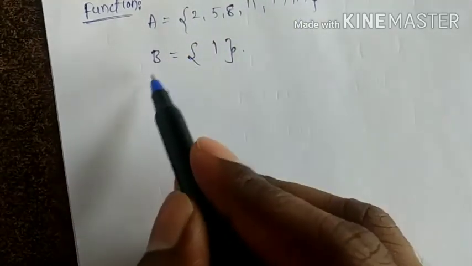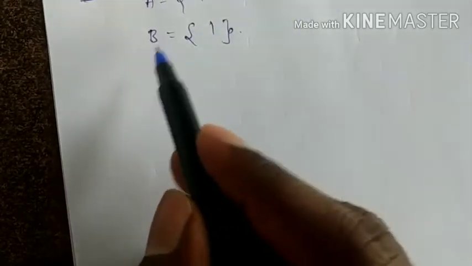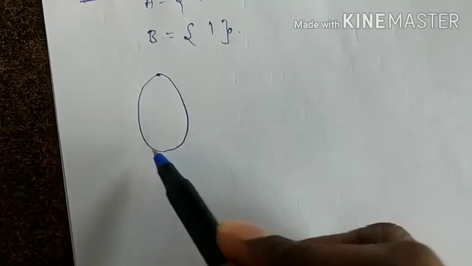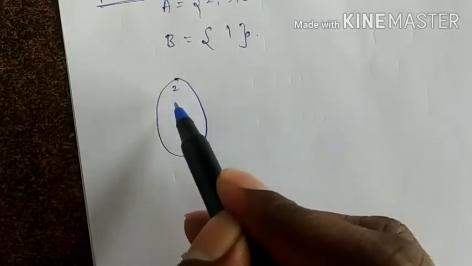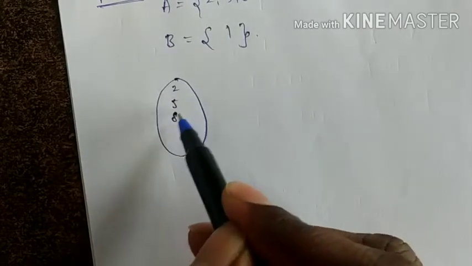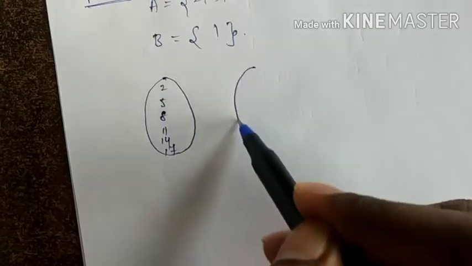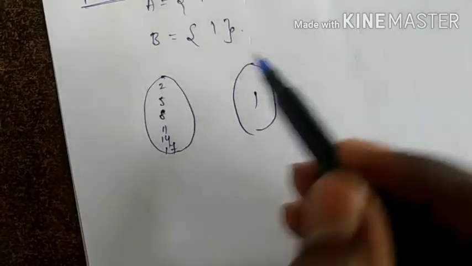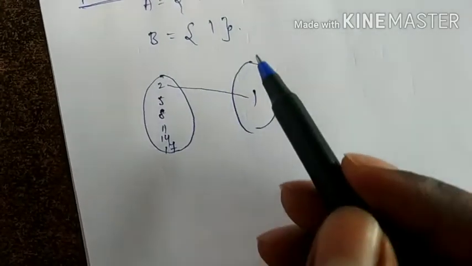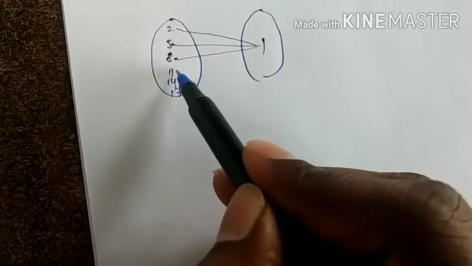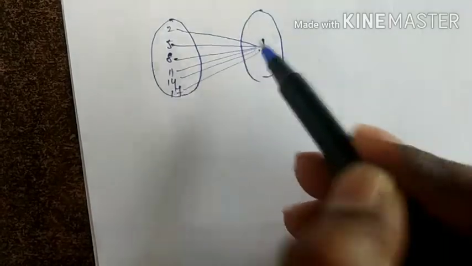So if you draw the map diagram for this, you will get like this. So here it is 2, 5, 8, 11, 14 and 17. So this one only 1. So here 2 has image 1 and 5 has image 1, 8 also has image 1, 11 and 14 and 17.